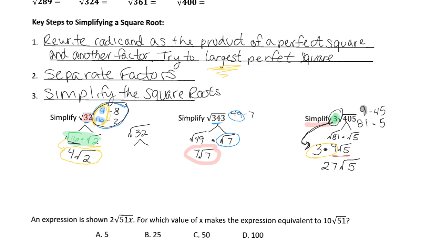What if we go with the square root of 4 and the square root of 8? So now we have 2 root 8. But can't the square root of 8 be simplified? It can be broken down again. There's a perfect square that goes into 8. So that can be simplified again, right, into the square root of 4 and the square root of 2.